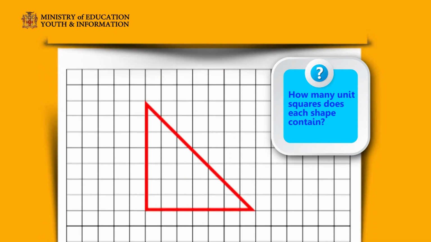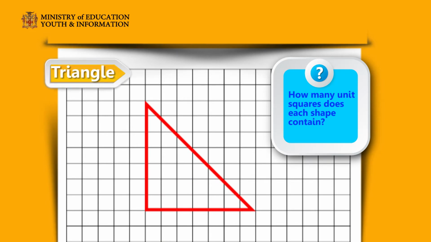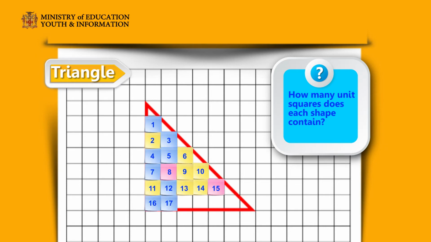Now for the triangle. Well, some of the unit squares are cut in halves, making them little triangles. Alright, I will count the squares first, and then I will count the halves. Here goes. 1, 2, 3, ... 21.